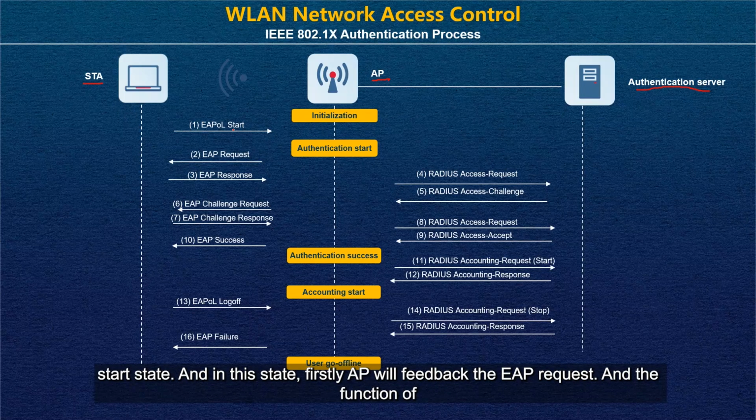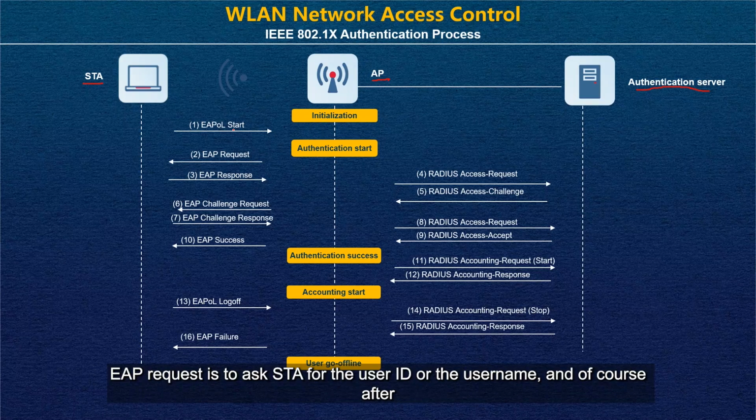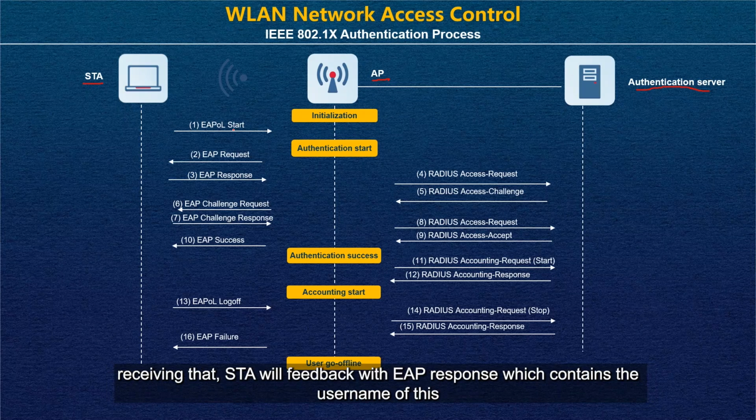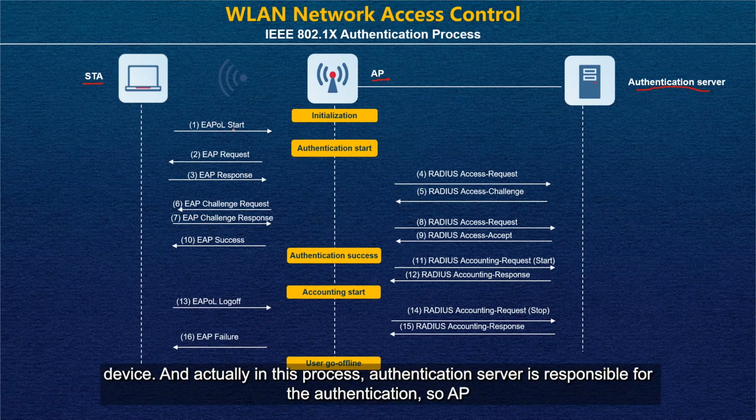And at this state, first the AP will feed back an EAP request. The function of the EAP request is to ask the STA for the user ID or the username. And of course, after receiving that, the STA will feed back an EAP response, which contains the username of this device.